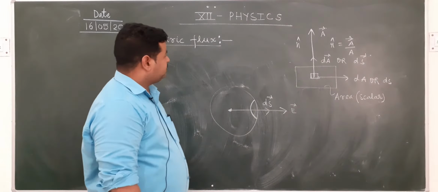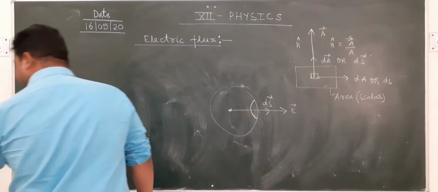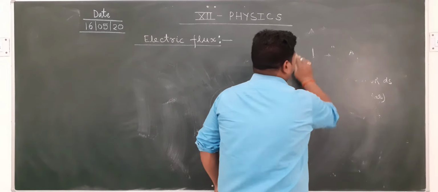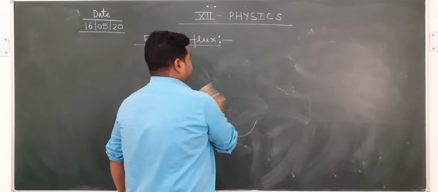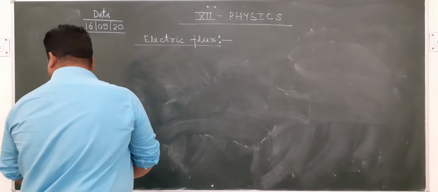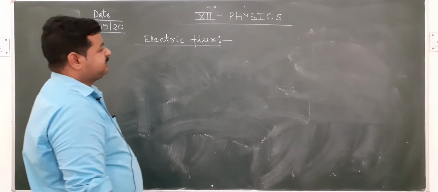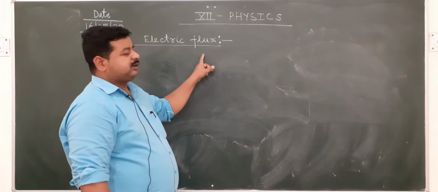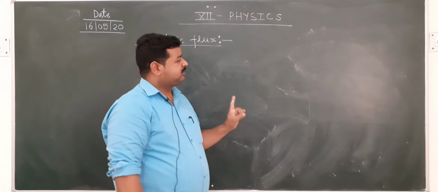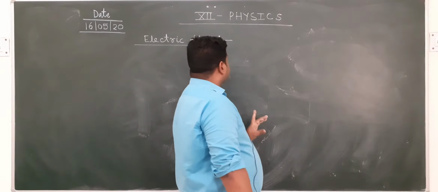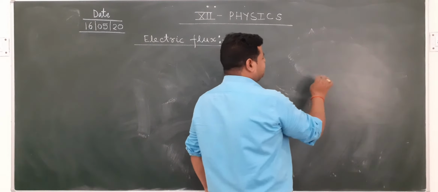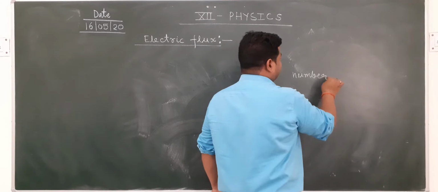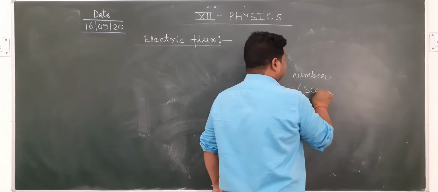Now we go to the next topic, the mathematical expression of electric flux. According to the definition of electric flux, the number of electric field lines passing normally through any surface is known as electric flux. Here the number is always scalar.